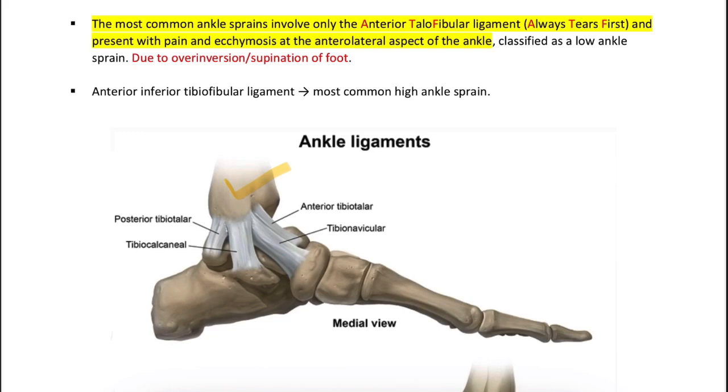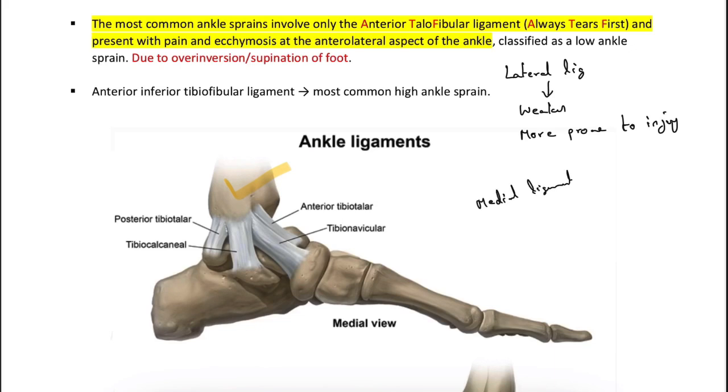The lateral ligaments are weaker and more prone to injury. Why am I focusing here? Because mostly we are going to discuss lateral ligaments only, because these ligaments can tear and sprain. Next one, medial ligament.